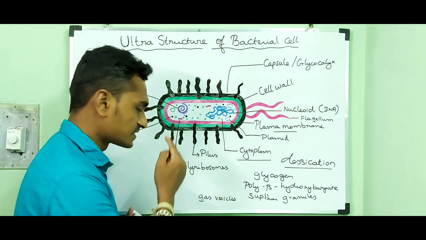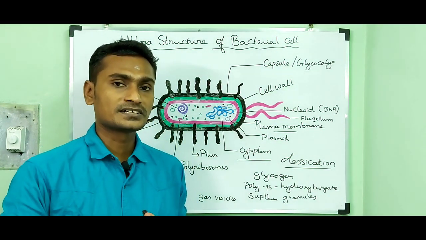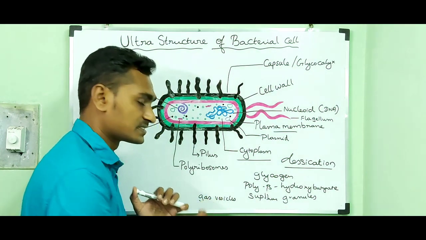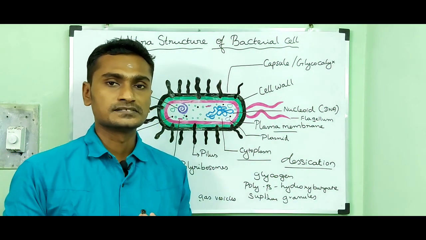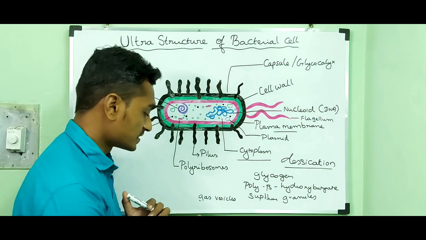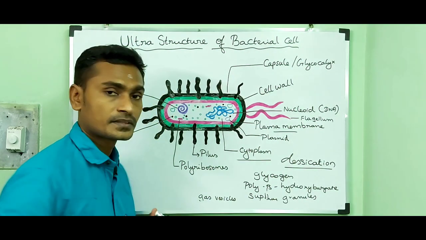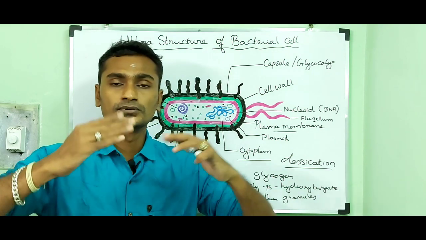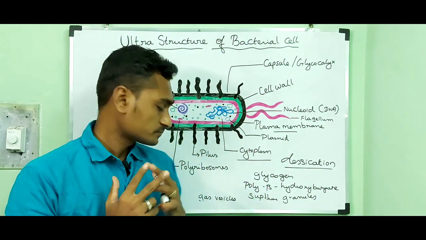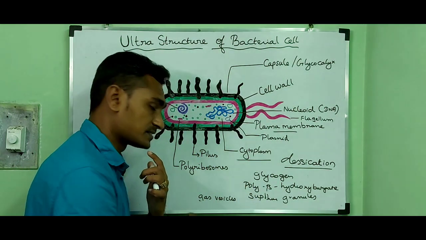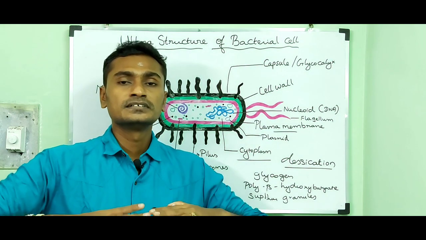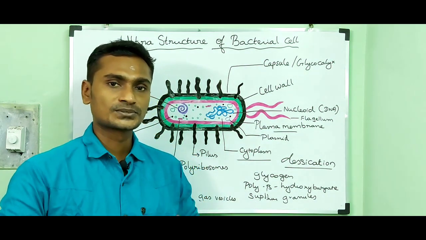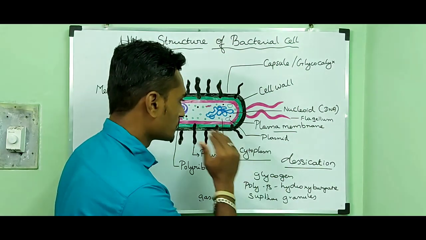Then gas vesicles: phytoplanktons, that is free floating algae, contain gas vesicles which are helpful in buoyancy. So that's all about the cytoplasm.